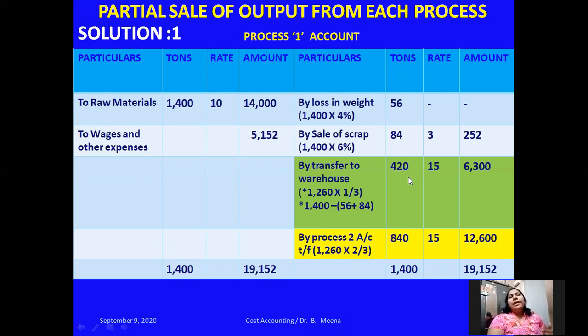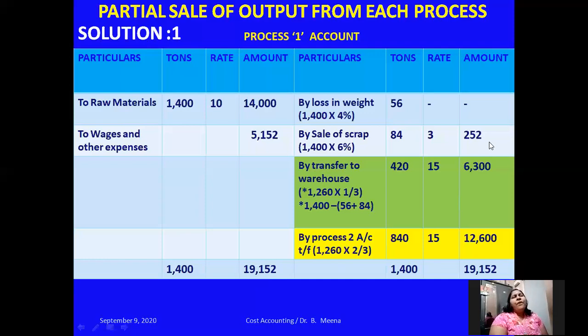Then how can I calculate the rate per ton and the amount? Now look into that. Get the total of the amount column, and then I will get the total as 19,152.